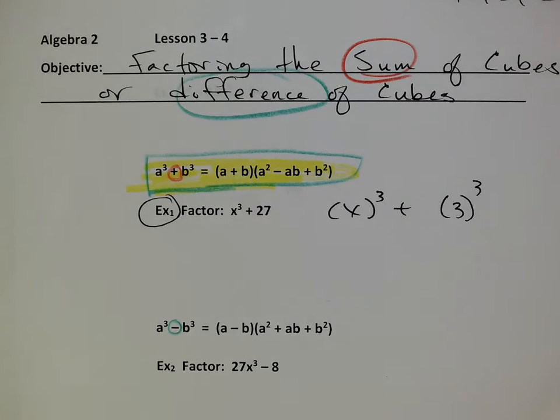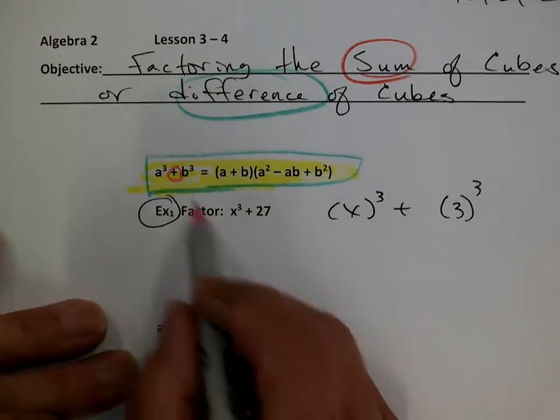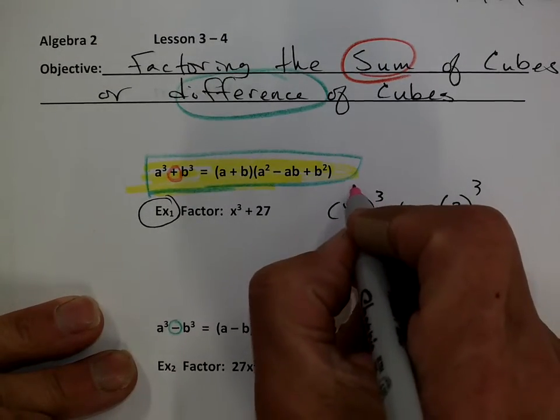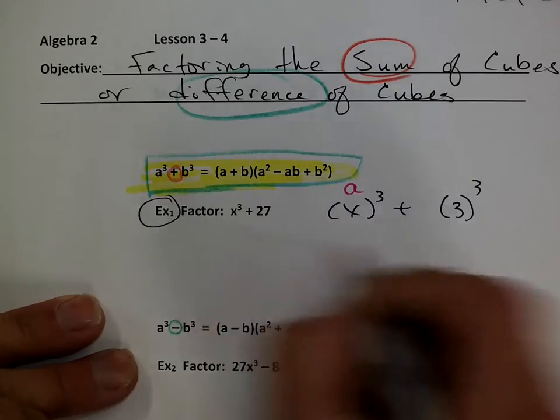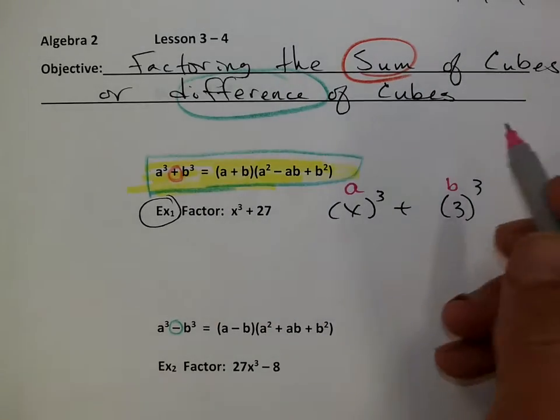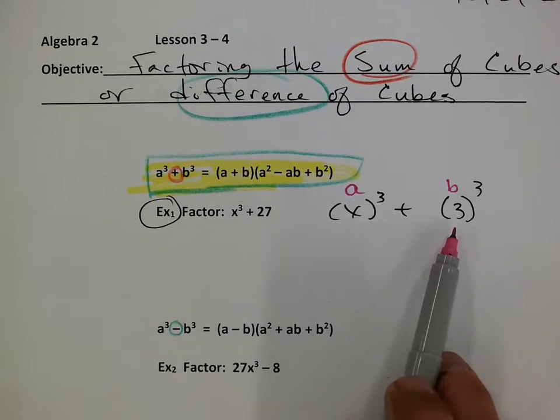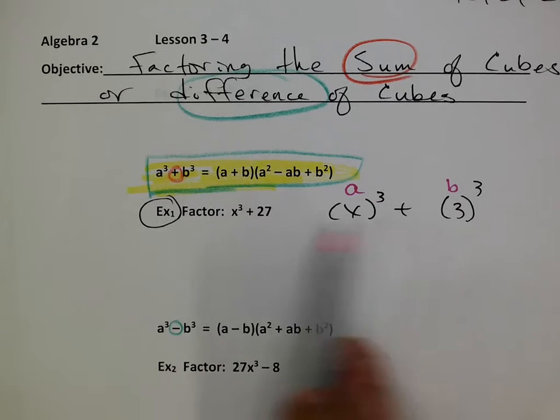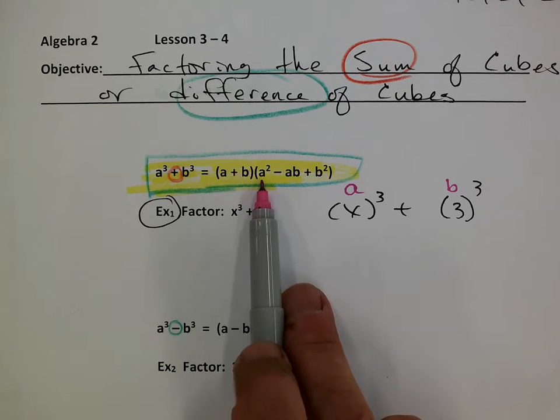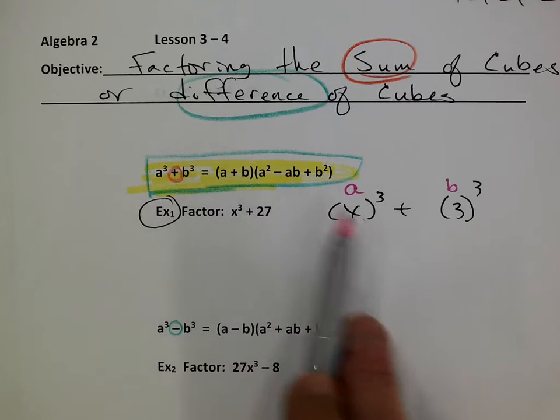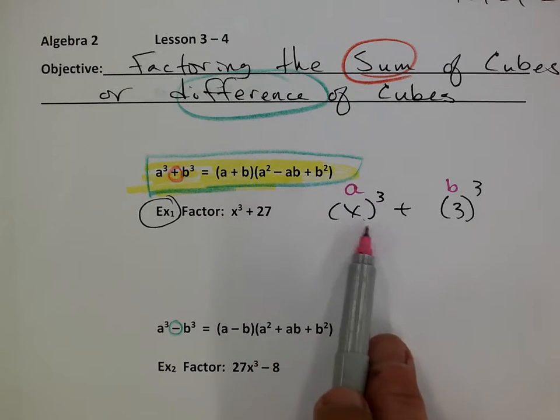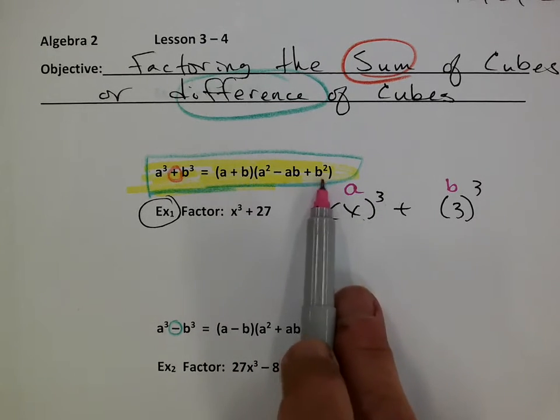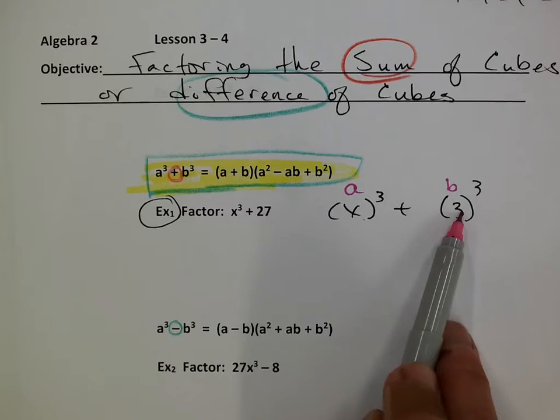We're going to let x be our a, we're going to let our 3 be our b, and we're just going to plug them into our formula. So a plus b, we're going to go x plus 3. A squared, we're going to put an x squared, minus ab, which is x times 3, minus b squared, which is my 3 squared.